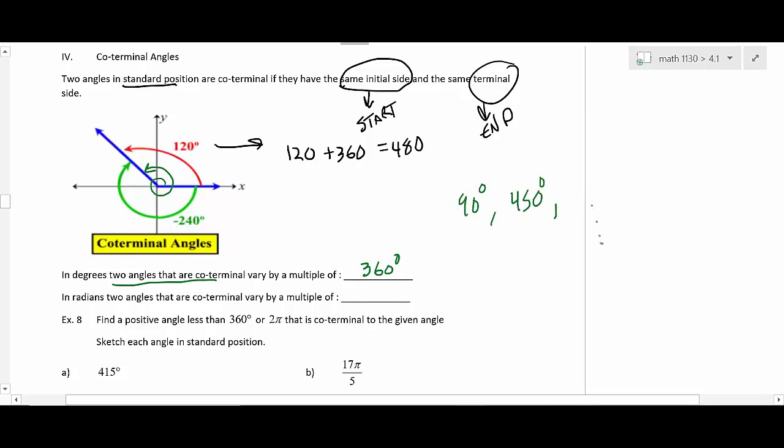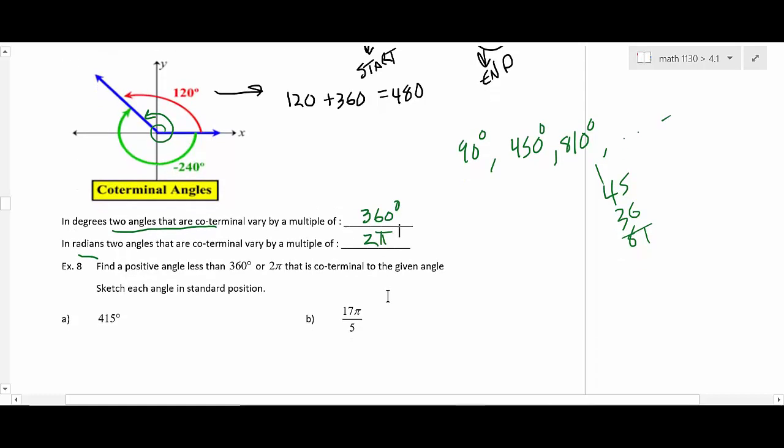What's after that? 450 and 360, that's 810 degrees, and so forth like that. So they just get bigger by 360 and smaller by 360 infinitely. That's what we mean, okay? If they're in radians, what is 360 in radians? 2 pi. So they vary by 2 pi, okay?